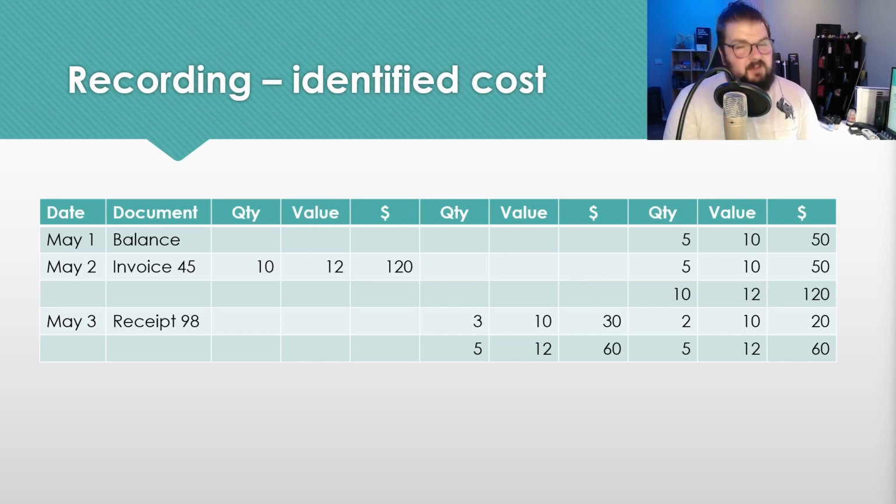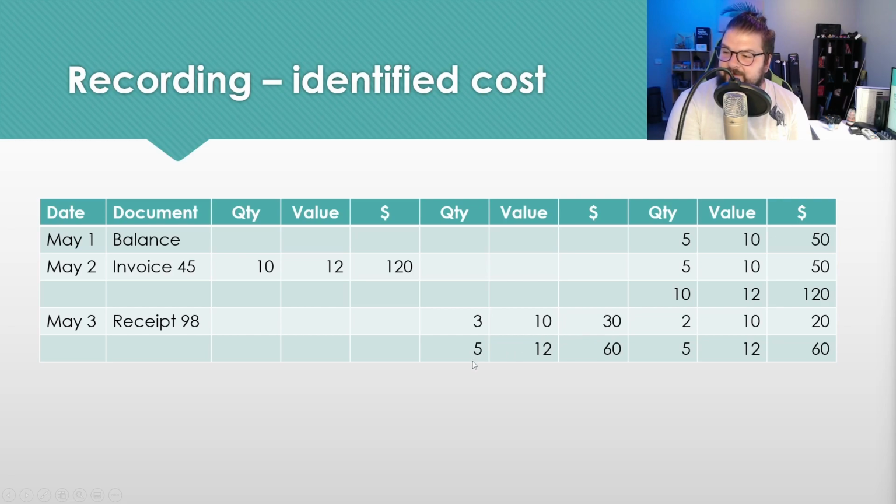Then, as I said, identified cost method. We have on May 3rd, receipt 98, we are losing 3 pieces of inventory, $10 each, which cost us $30.